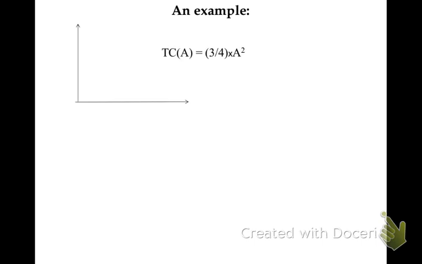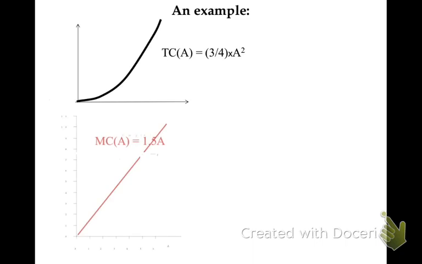So let's do an example. Suppose that the total cost of abatement is 3/4 times A squared. So what is the derivative of that? What is the marginal cost of abatement? This is the total cost of abatement, and the marginal cost of abatement is 1.5 times A. Okay, can you do these derivatives?